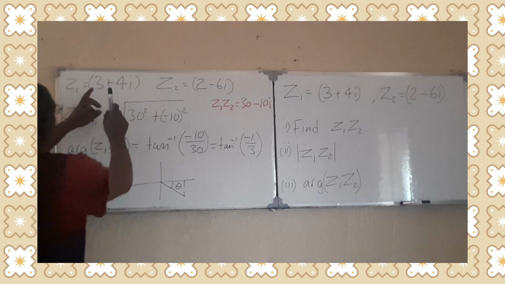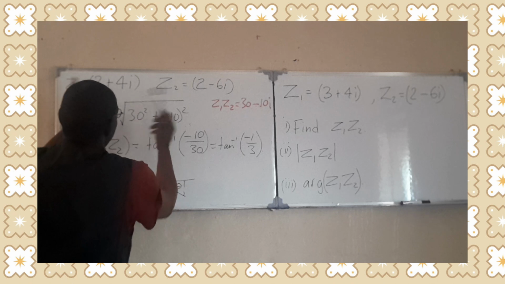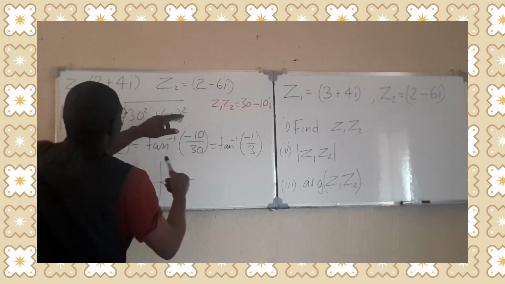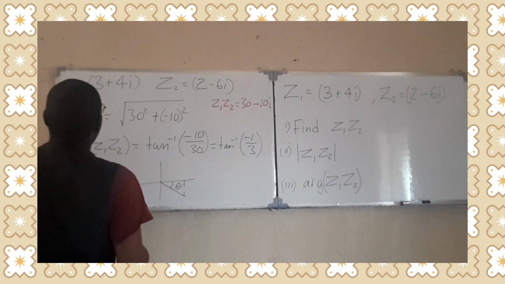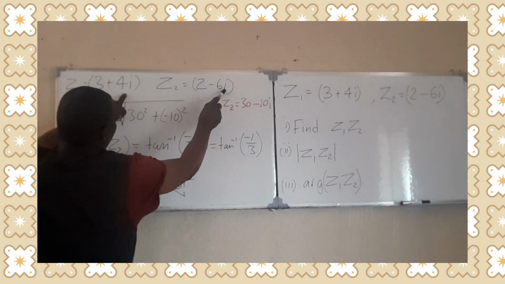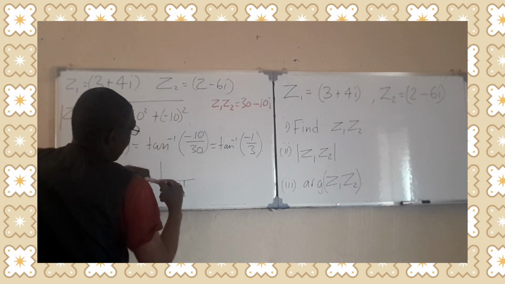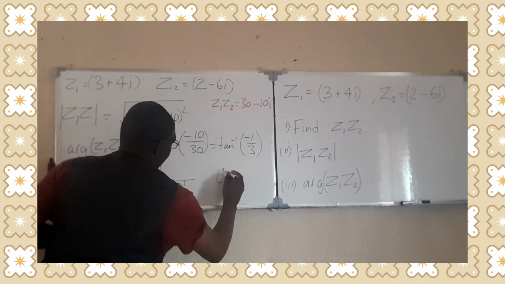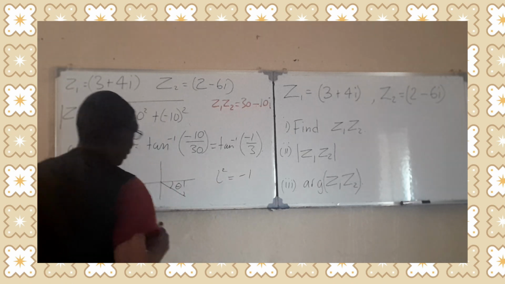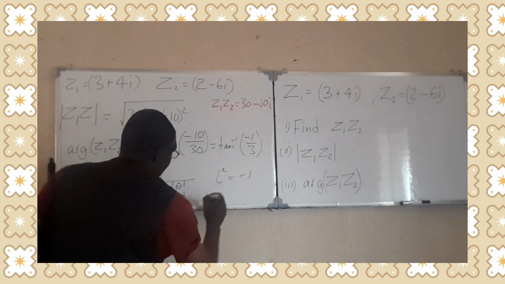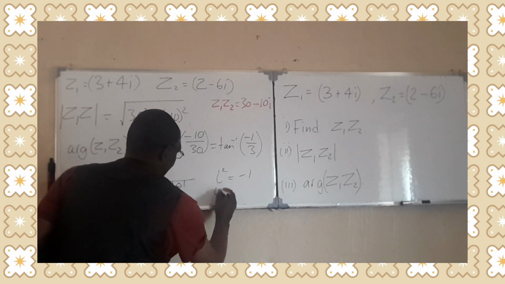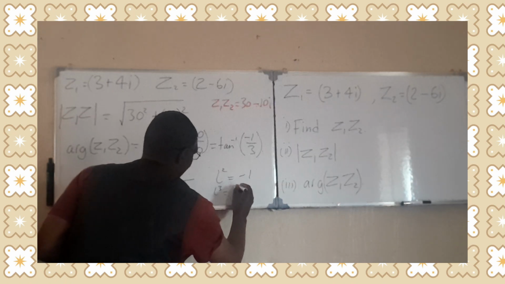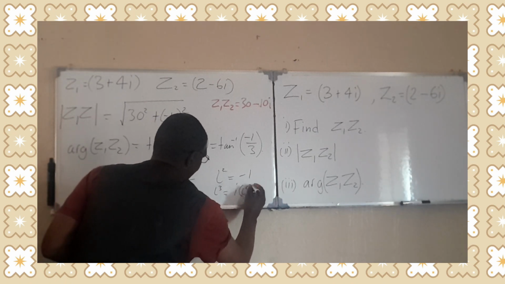Remember, you multiply as if you were just multiplying an ordinary algebraic expression, except that when you come to multiplying the i's together, just remember i squared is equal to minus 1. We can go on and say, what is i cubed? i cubed is equal to i multiplied by i squared, isn't it?